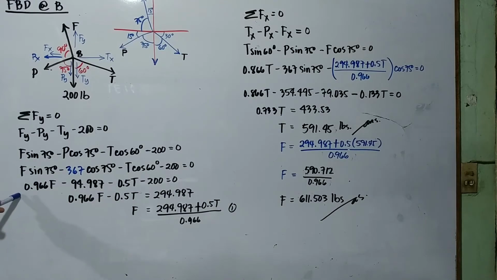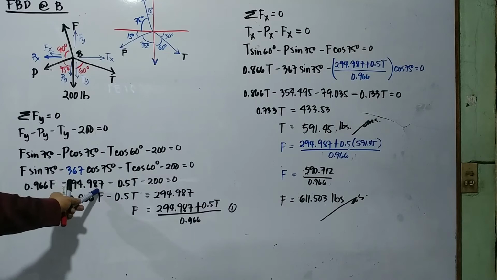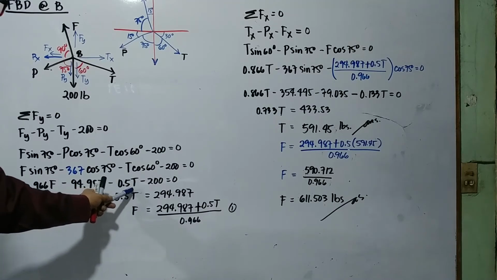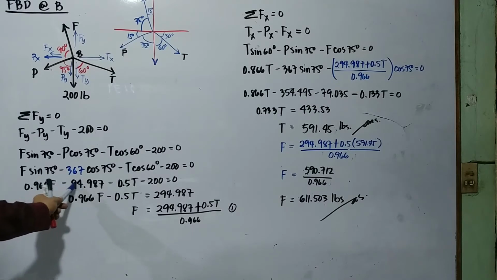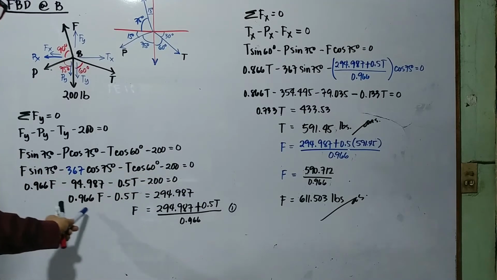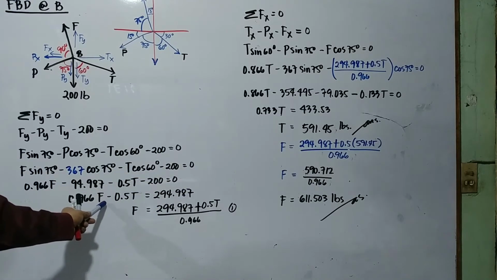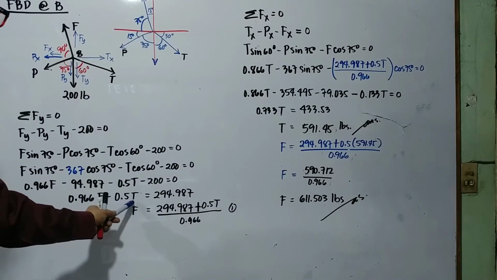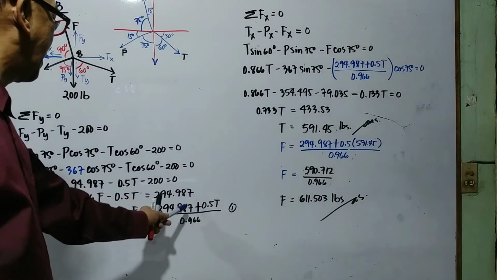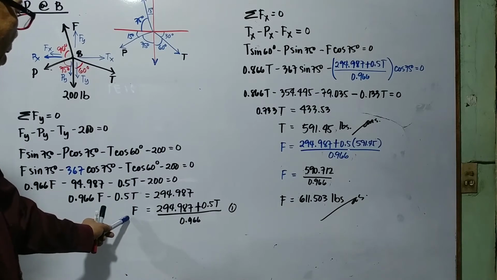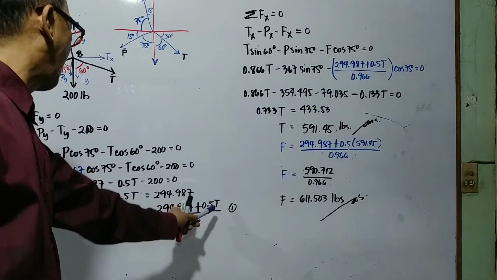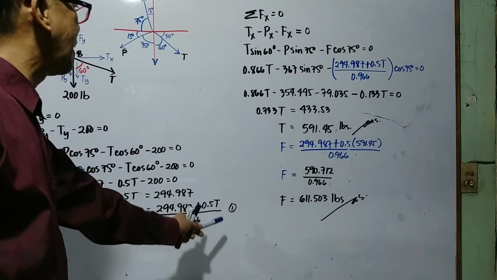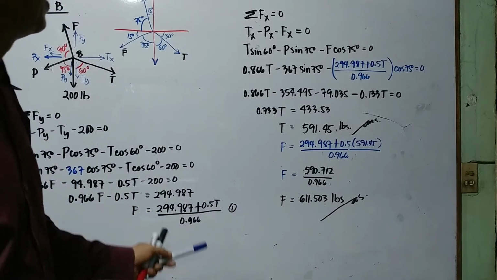Or we have 0.966 F minus 94.987 minus 0.5 T minus 200. You bring these two numbers to the other side, we have 0.966 F minus 0.5 T equals 294.987, or F equals 294.987 plus 0.5 T all over 0.966. That is our equation 1.